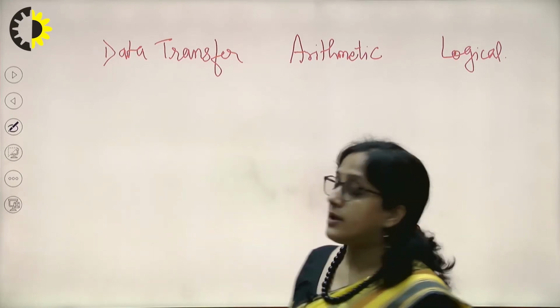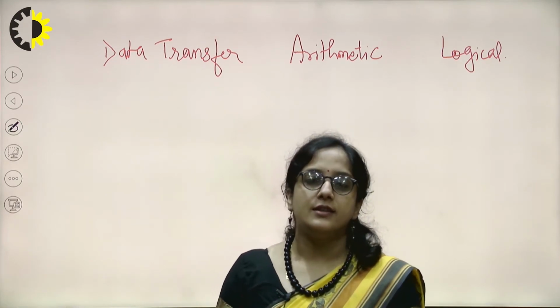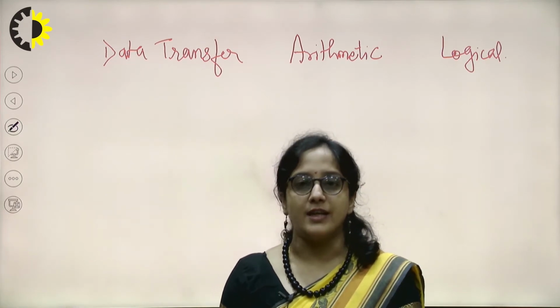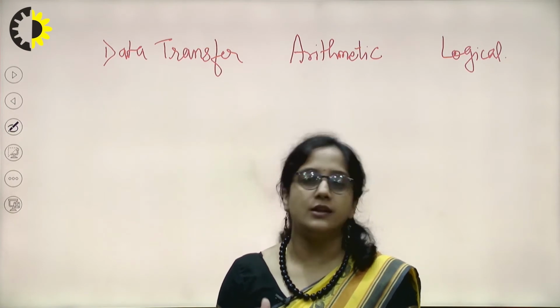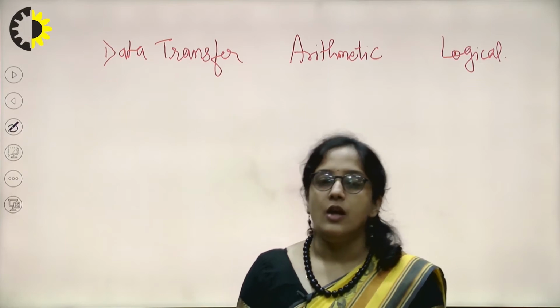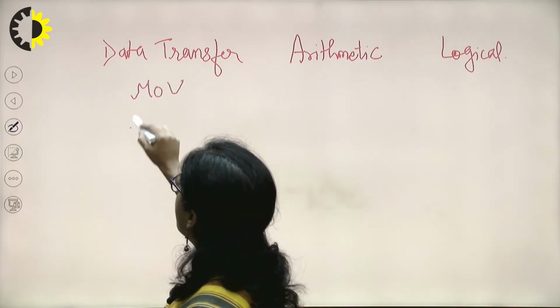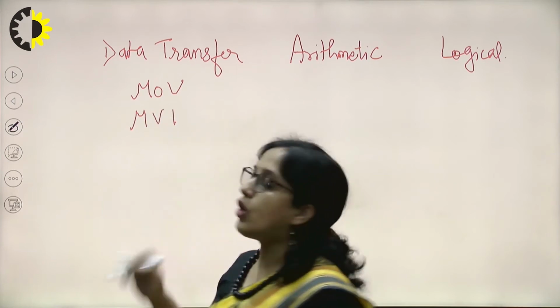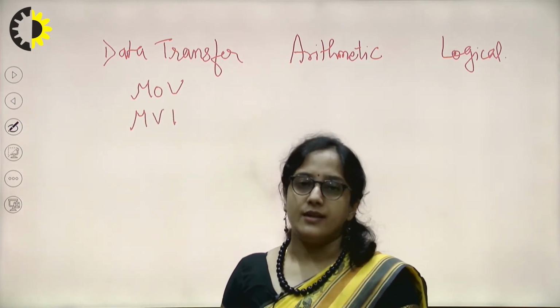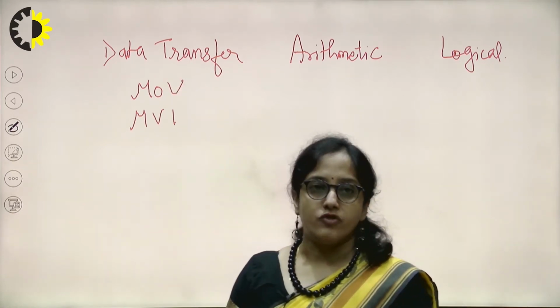Now in this lecture and the last two lectures, we have discussed the instructions which are classified depending on the operation that is performed by that particular instruction. For example, MOV or MVI, these are the two instructions which are used to copy data, or data transfer operations, so they come under the category of data transfer operations.